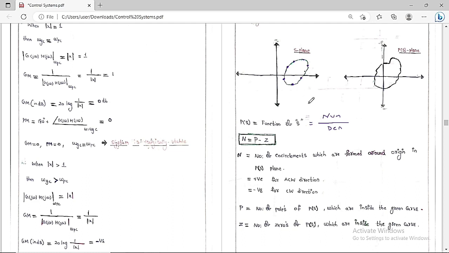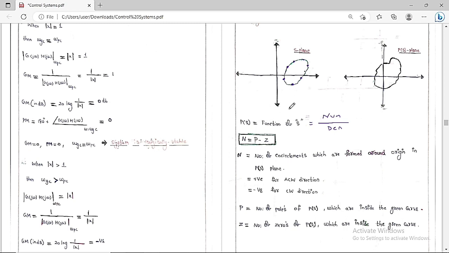If I plot all these zeros and poles, we get a figure. Inside this figure, let me assume there are P number of poles and Z number of zeros of this P of S.